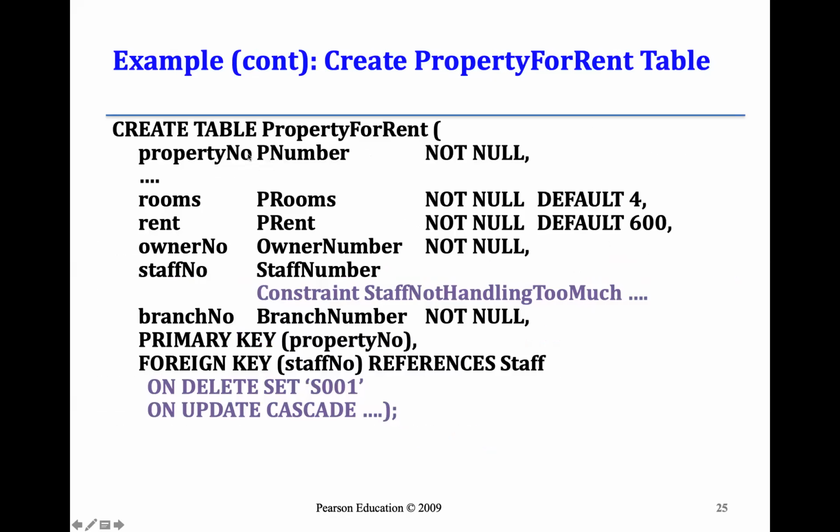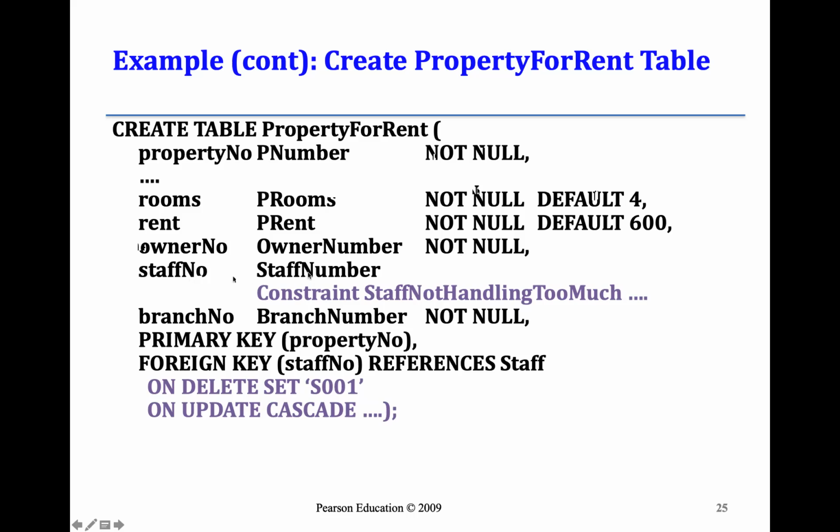And on the next slide, here is the create table. So create table property for rent. I define my columns. Property number is a P number, not null. Rooms, and you can see it's P rooms, not null, with a default of 4 rooms. The rent has a default value of 600. Owner number has owner number, not null.